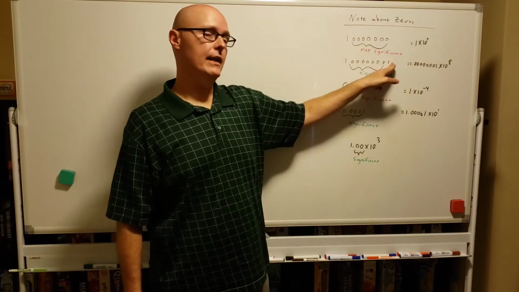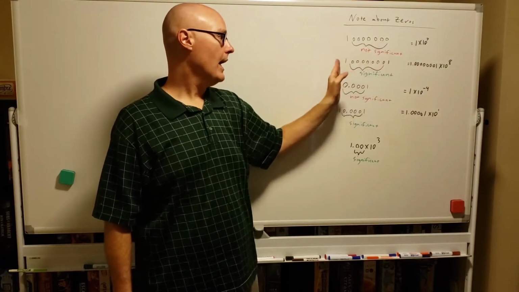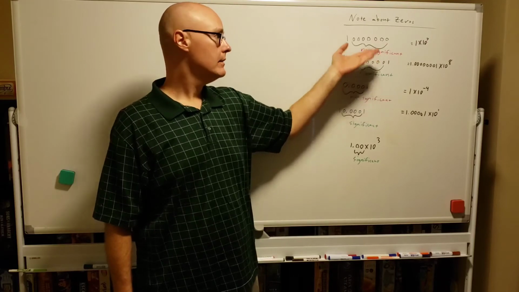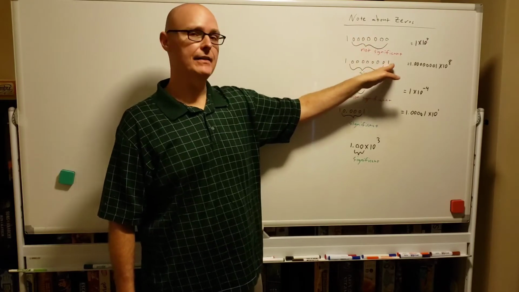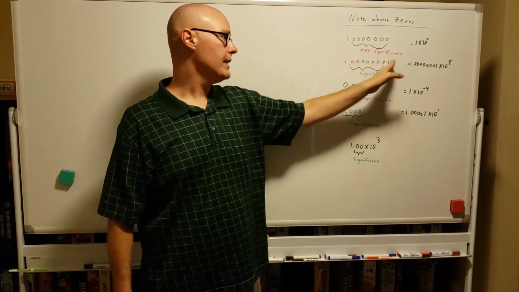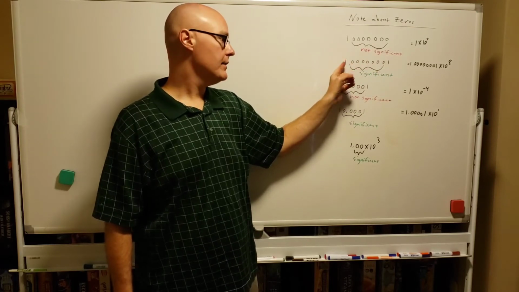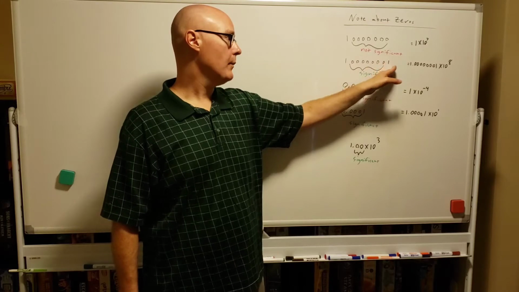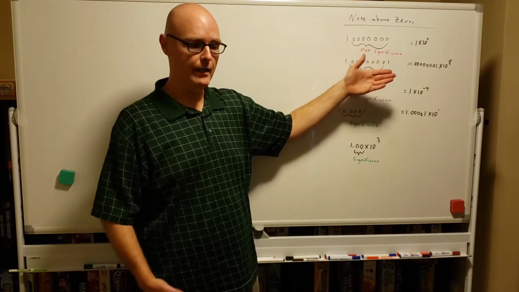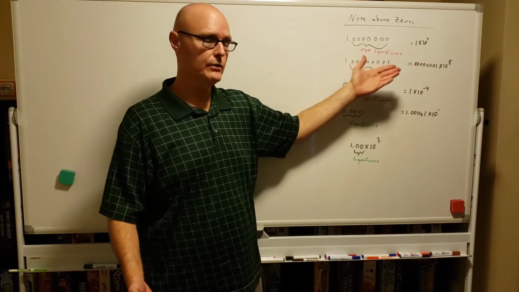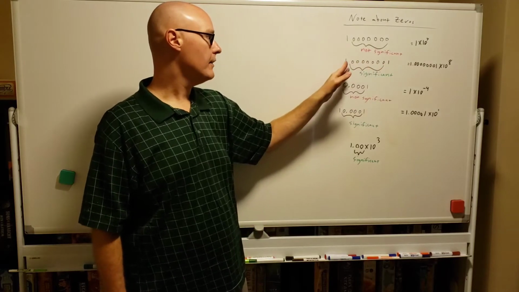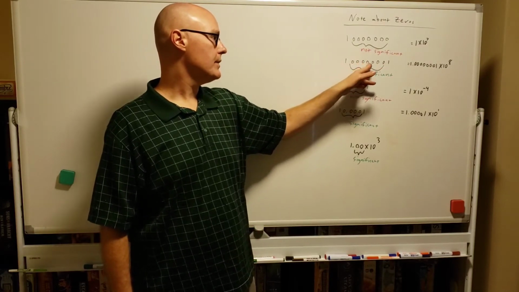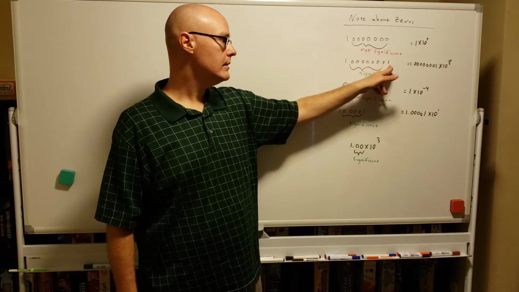If I stuck a 1 on the end, now I have implied that I've measured all the way down to that digit. So now all of these are significant because they all came out of the measuring device, every single one of them. They weren't just implied by the scale of the measuring tool. So here I have 1, 0, 0, 0, 0, 0, 0, 0, 1.